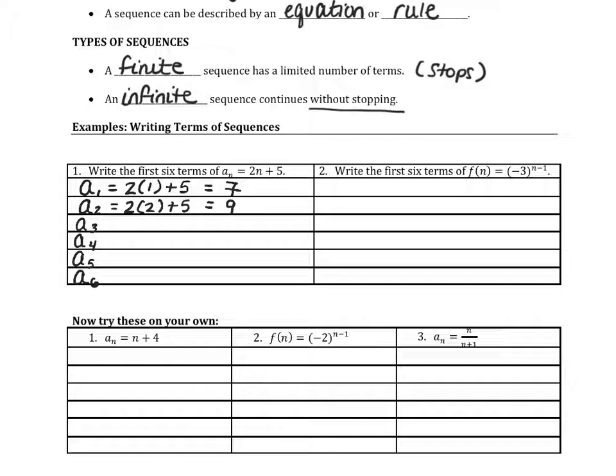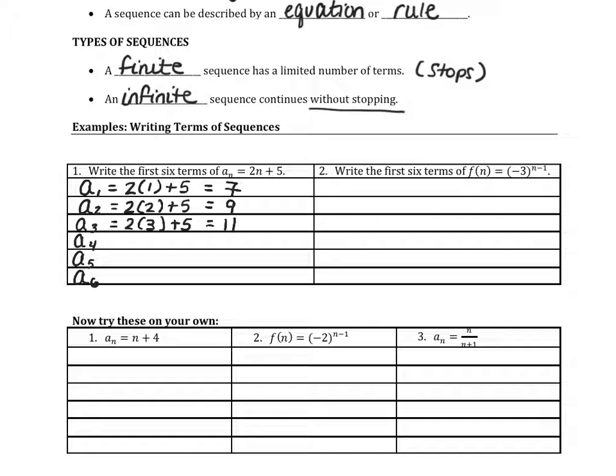The numbers that we're getting out are called our terms. The first term of our sequence is 7. The second term is 9. When we calculate our third term, we have 2 times 3 plus 5. 2 times 3 is 6, 6 plus 5 is 11.